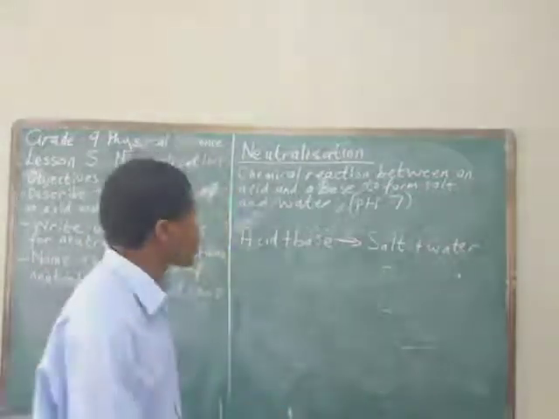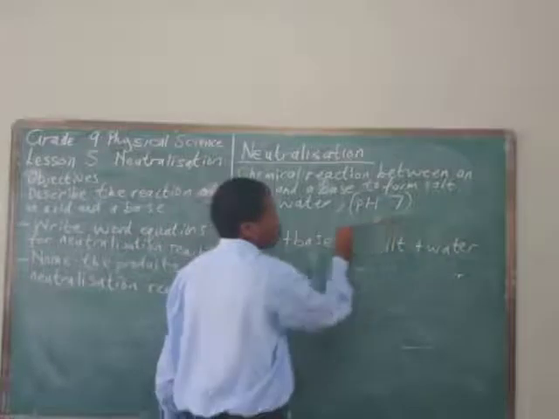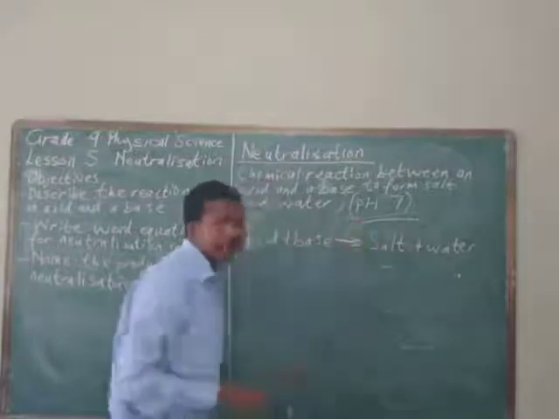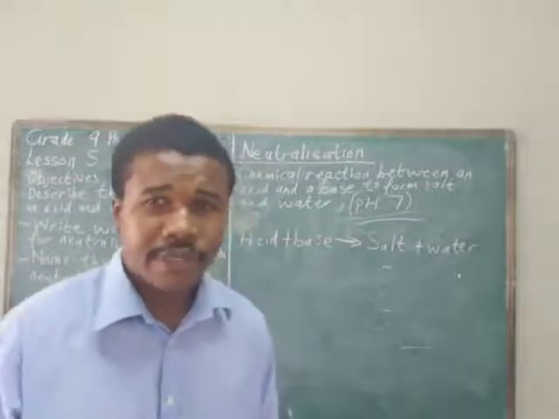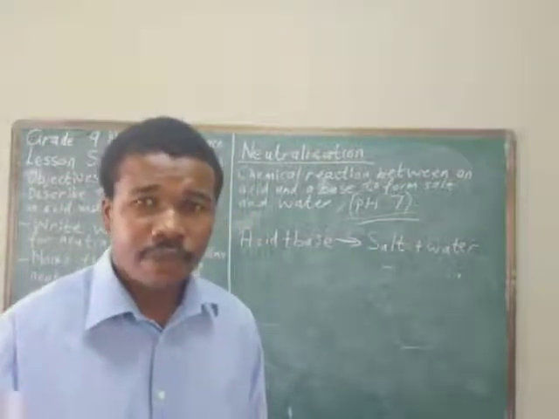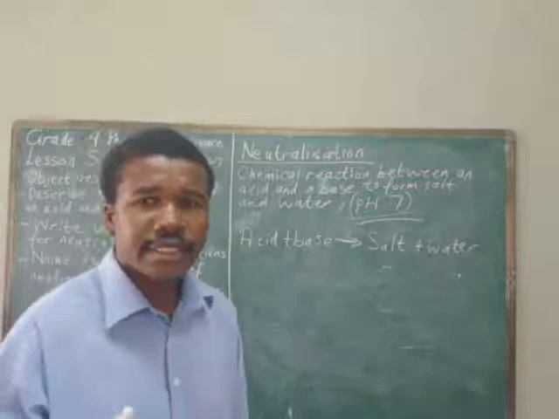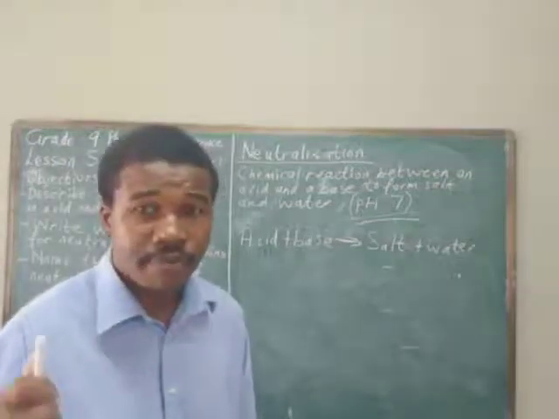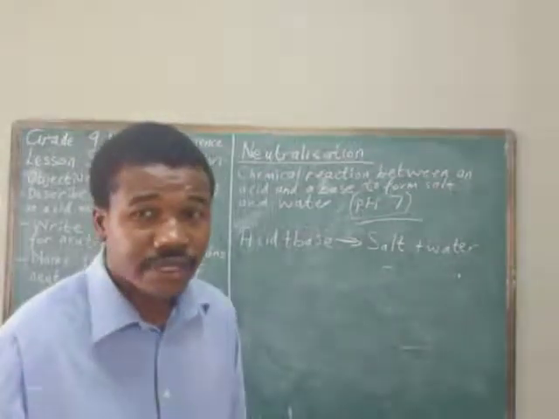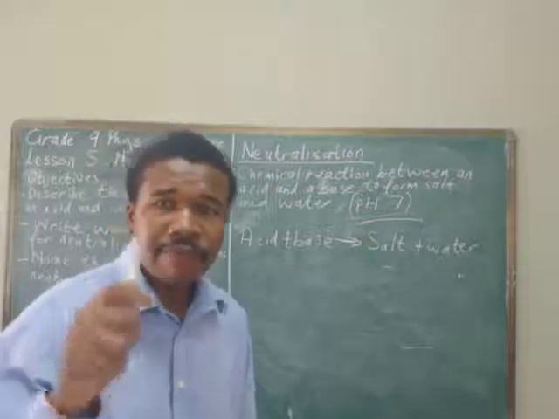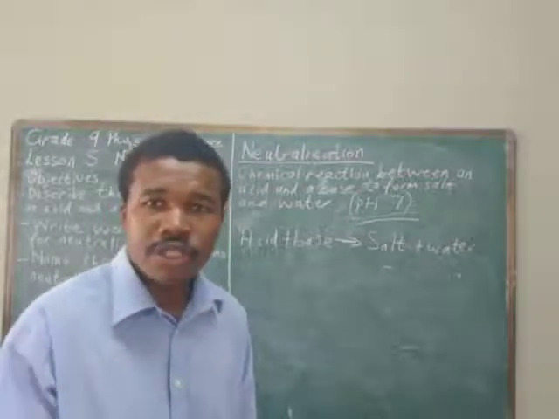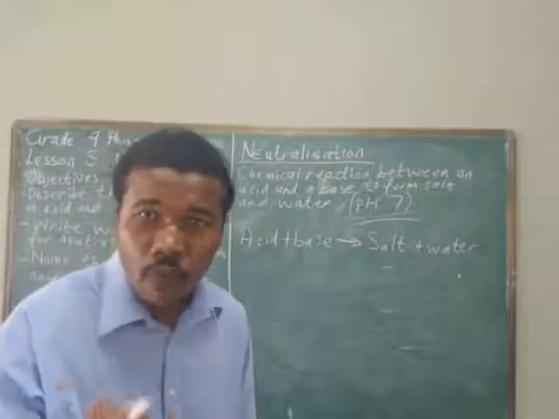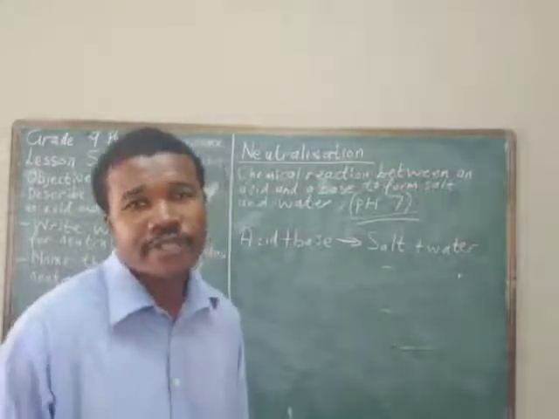These products will have a pH of 7. Why are we saying 7? If you recall, acids have a pH of below 7, that is 1 to 6, whilst bases have a pH of above 7, that is 8 to 14, which means we didn't account for the pH of 7.